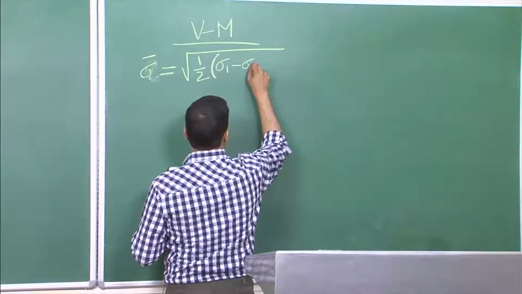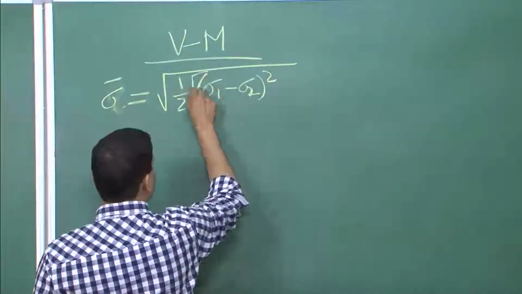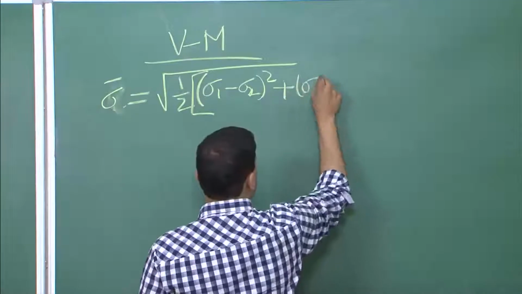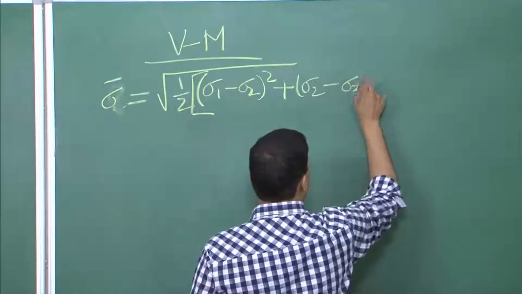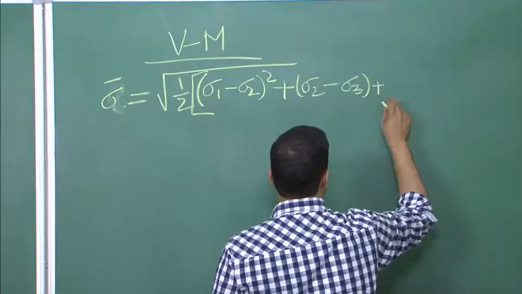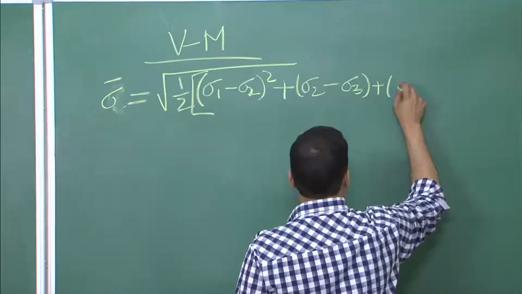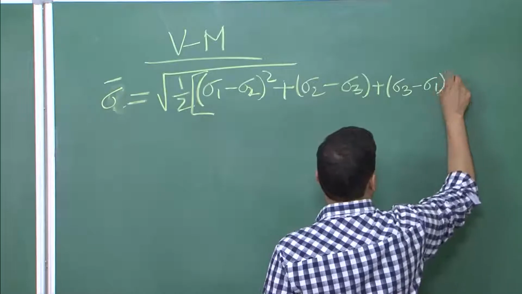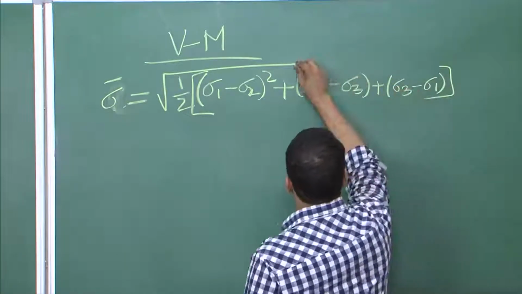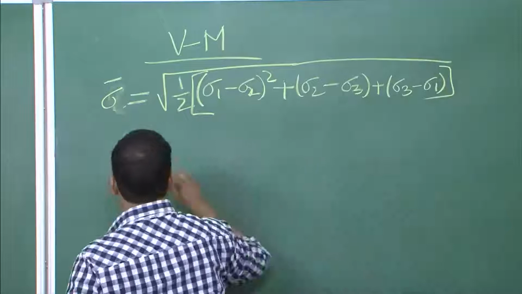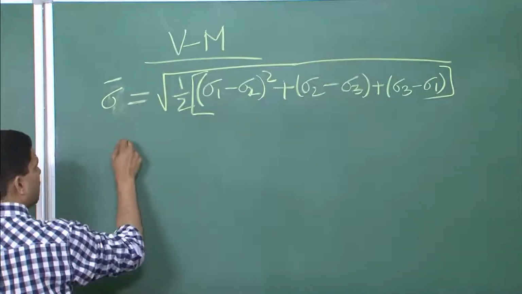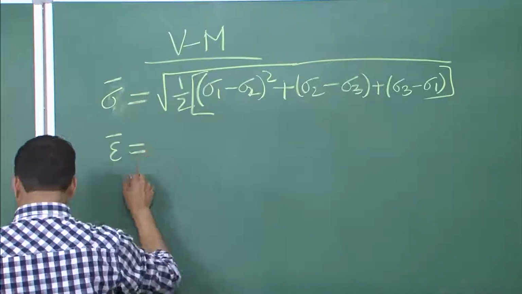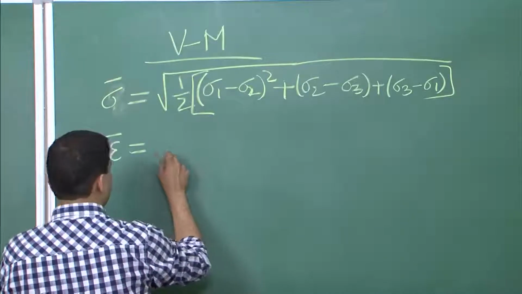sigma 1 minus sigma 2 whole square plus sigma 2. Remember we came to this form because this is also the form for the yielding criterion for von Mises. So, this is the effective stress in von Mises and the effective strain that we came to.